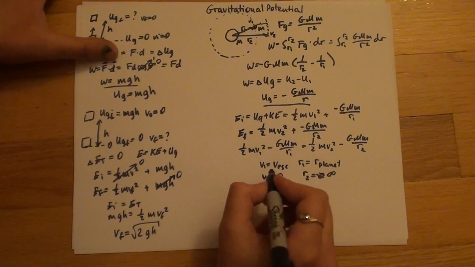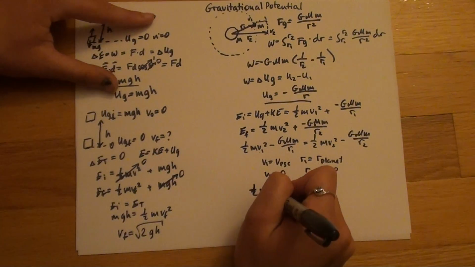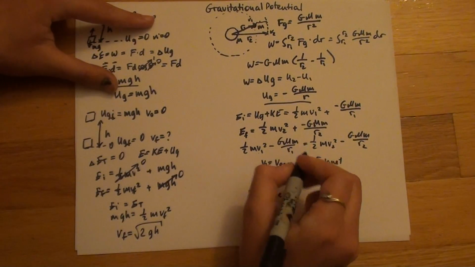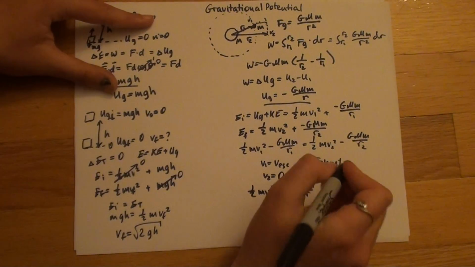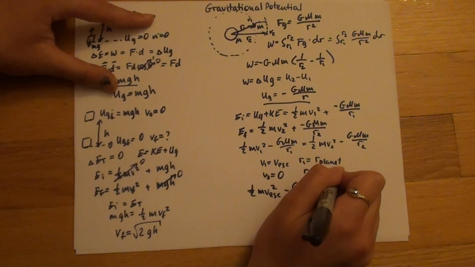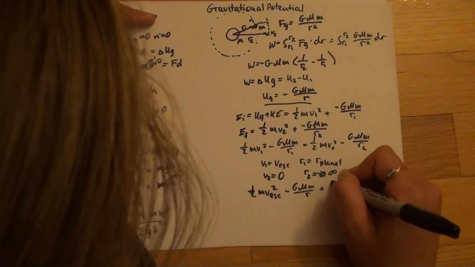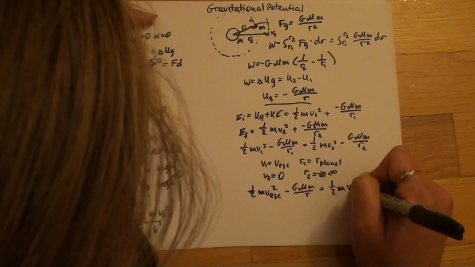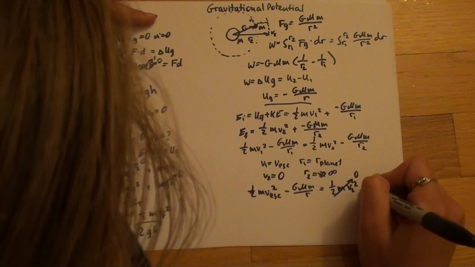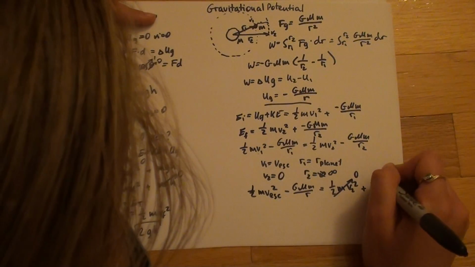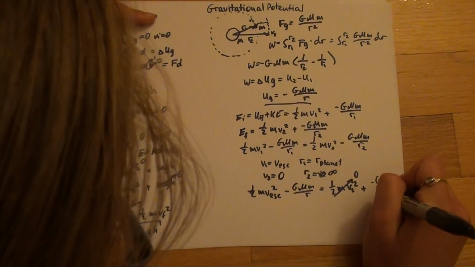So we can say that 1/2 m v escape squared minus GMm over r will equal 1/2 m v2 squared, which is 0, plus negative GMm over r2, which is infinity, right?